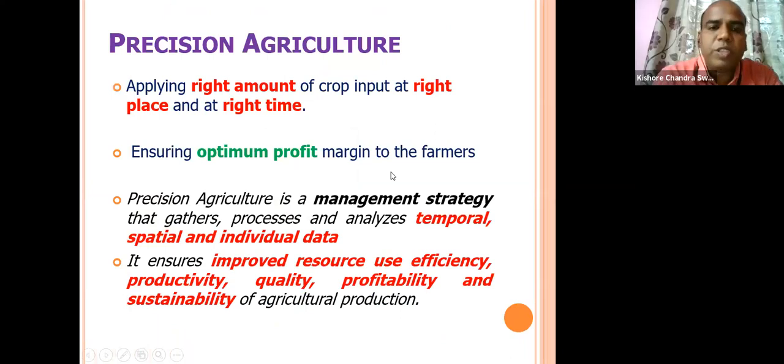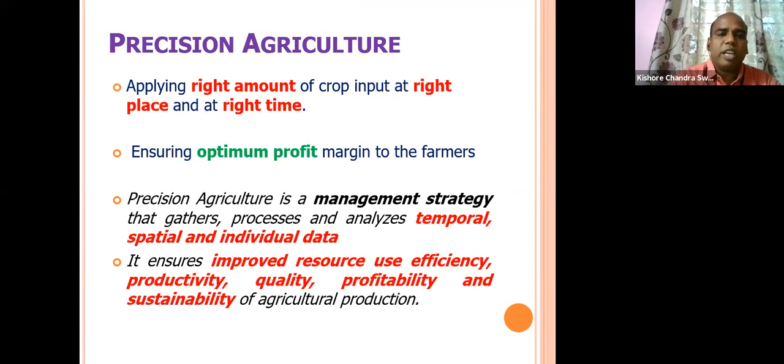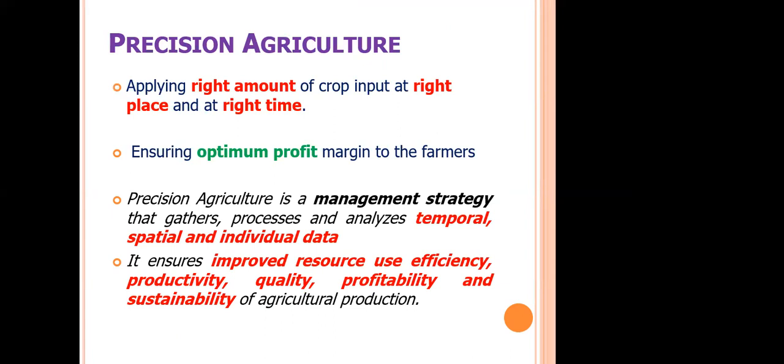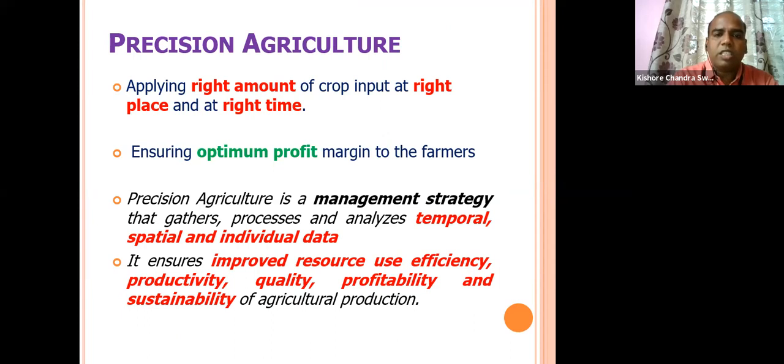Okay, so talking about precision agriculture, we can say it is the application of right amount of crop inputs at the right place at the required time. When it is needed, we should apply.